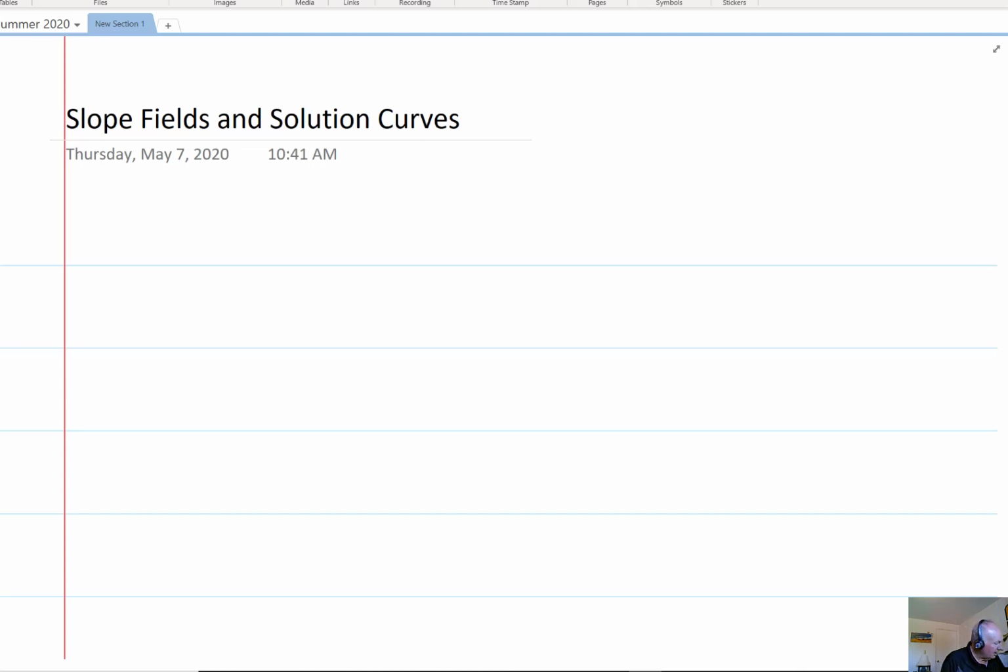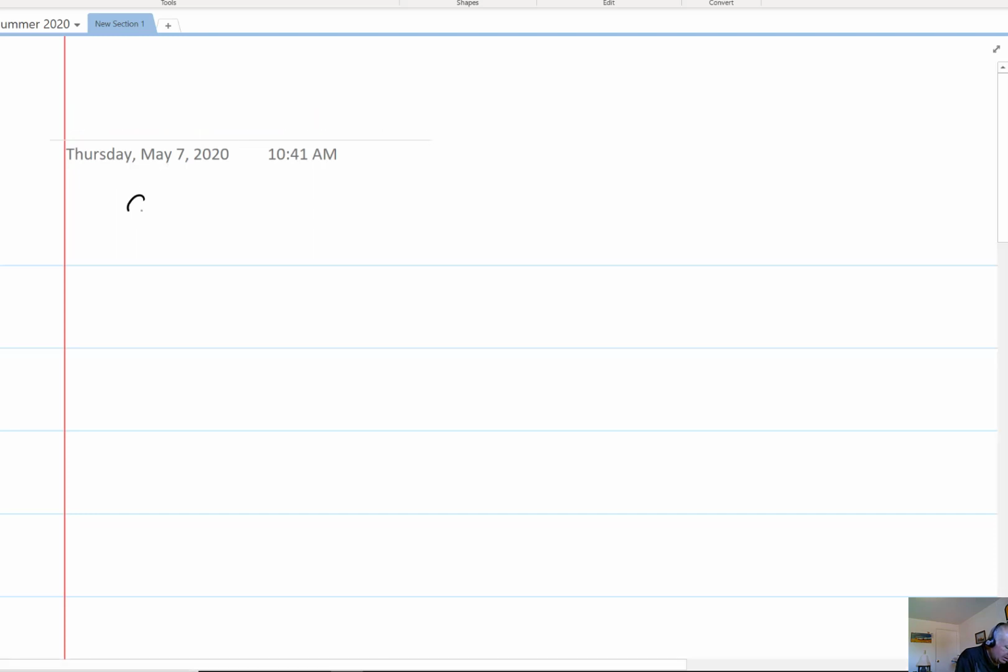Right, so let's move to the next level of differential equation. It's going to look like this: dy/dx equals f of x, y. So now we're allowing for a function on the right side that involves both x and y.